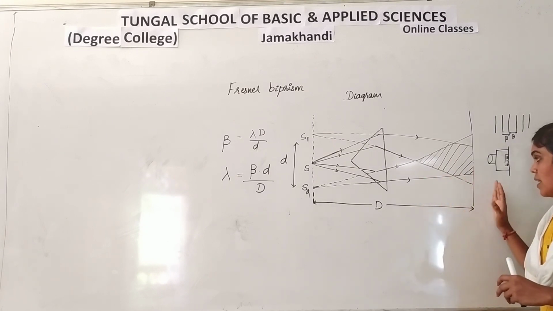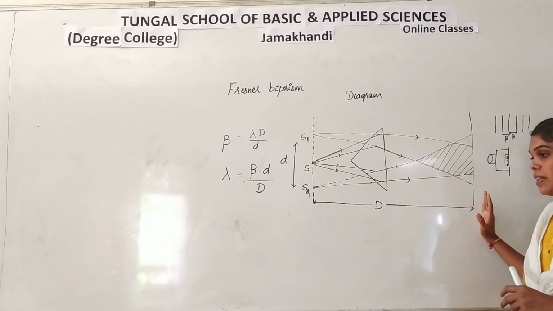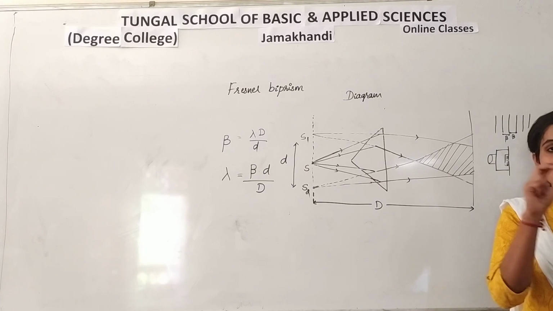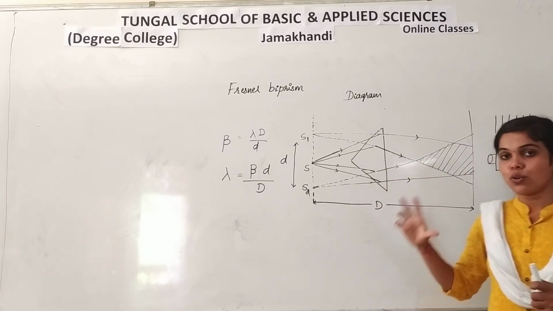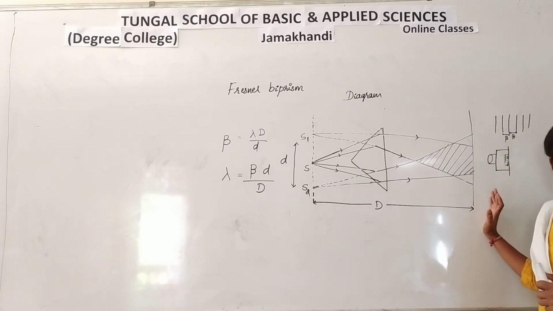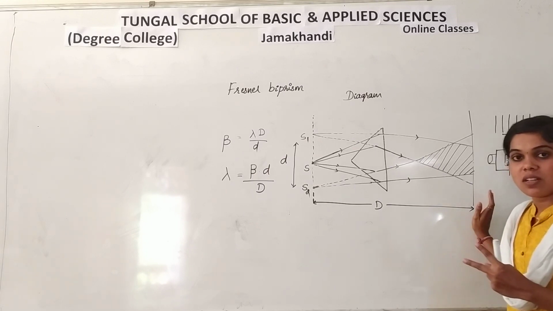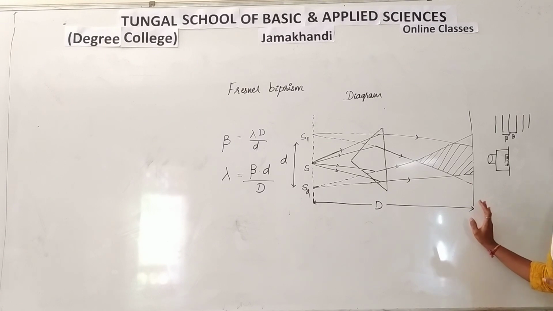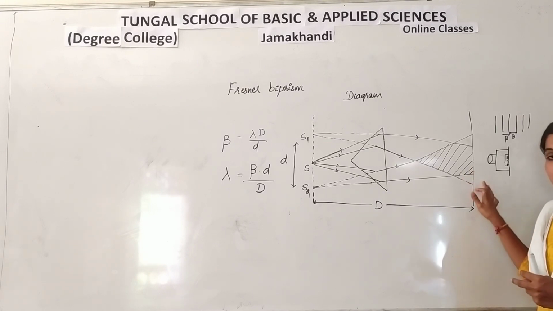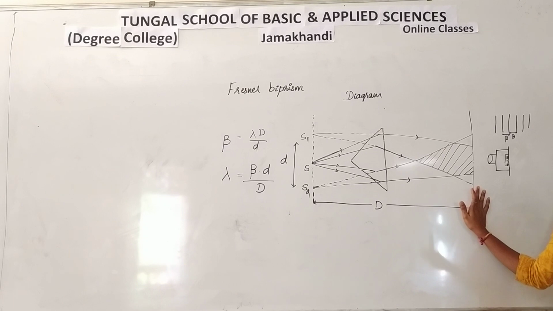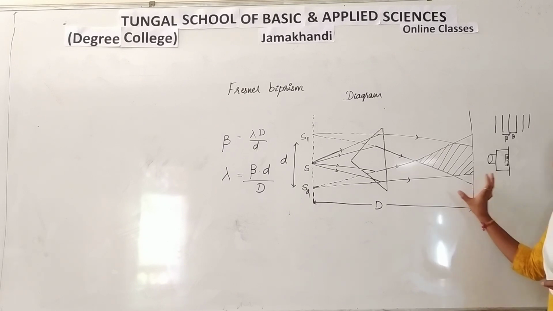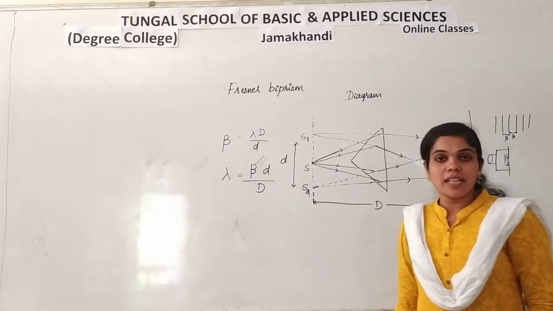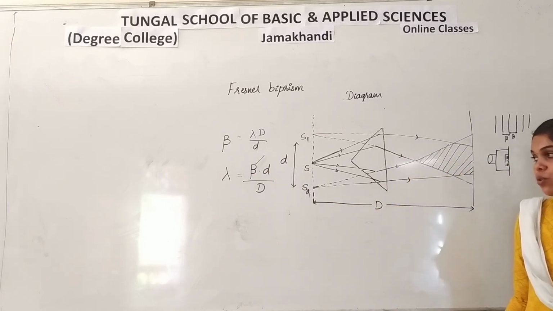We have to change the distance between the biprism and the micrometer eyepiece such that in the eyepiece a clear image of the fringes is seen. So in the eyepiece you are going to get a clear image of alternate bright and dark fringes. Once you get this, we can find this beta, that is, the fringe width.